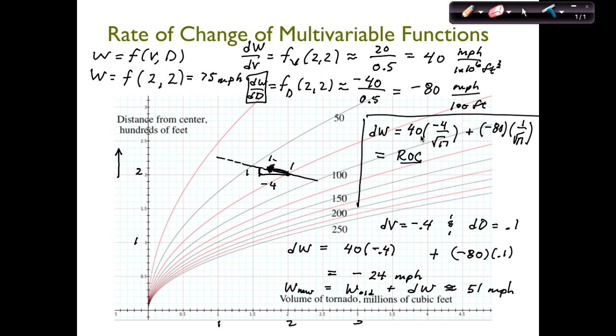Okay, now take a look. So this looks like what vector operation? Multiply plus multiply. What is that like? Dot product of what 2 vectors now? 40, comma, -80. What are those? Where do those come from? Partial derivatives, right? So this is a vector of partial derivatives. And then the second vector would be?